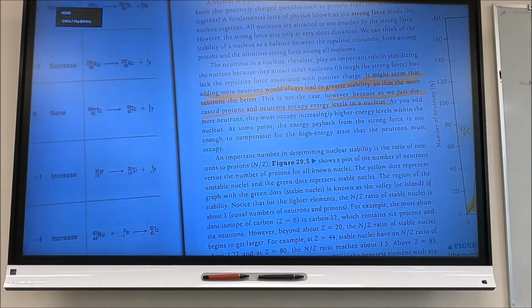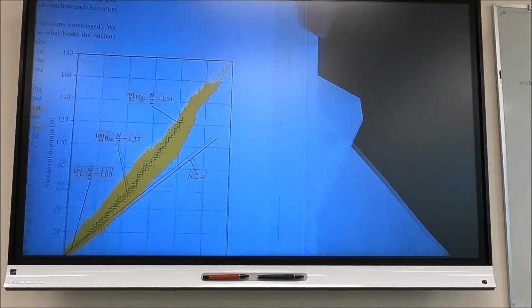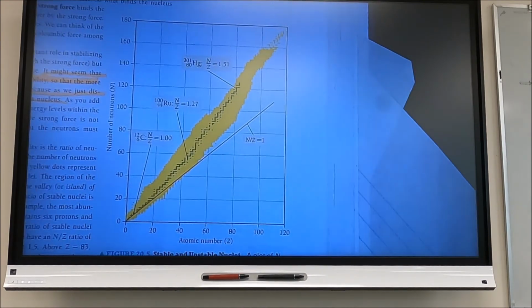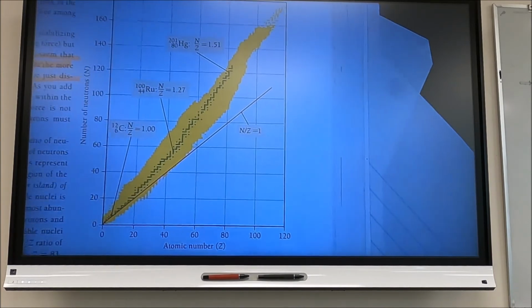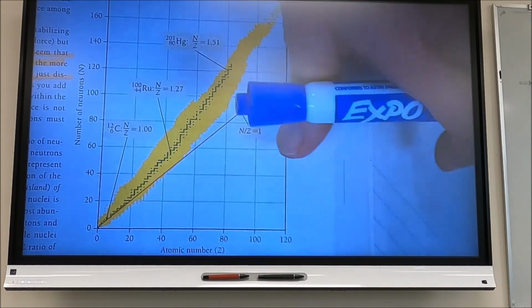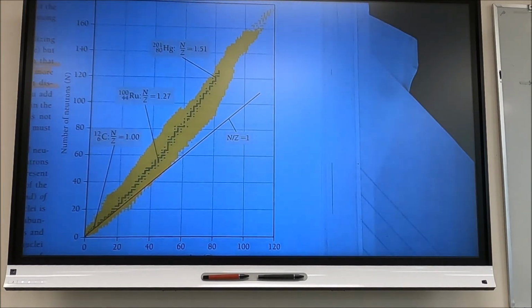Page 901. I'm going to blow it up just a little bit. I think that's probably about as big as I can make it.